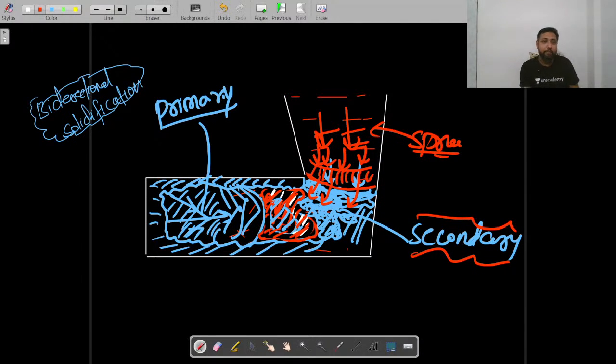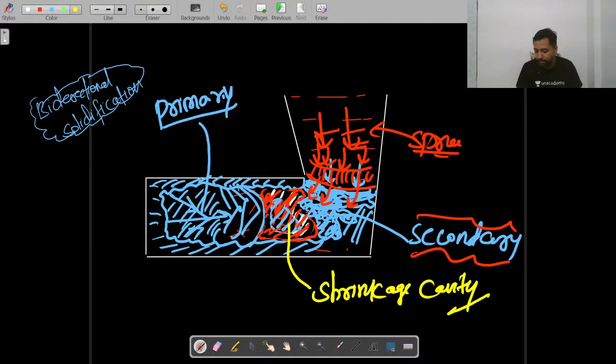Now this will lead to a problem here which you call a shrinkage cavity. This shrinkage cavity will be a defect in the casting. This should not happen. So how to take care of this?